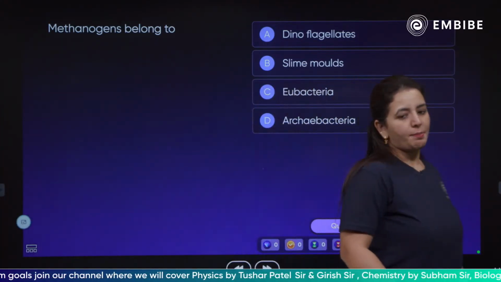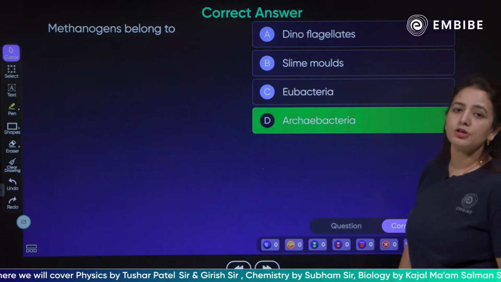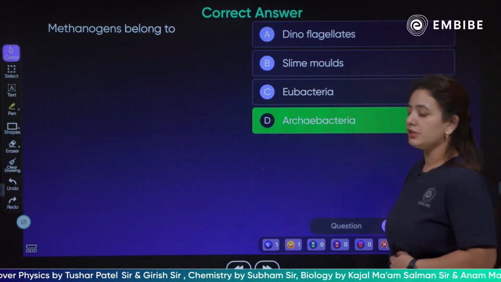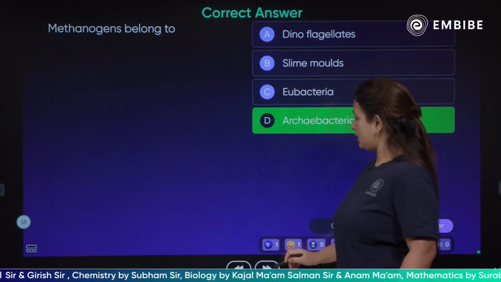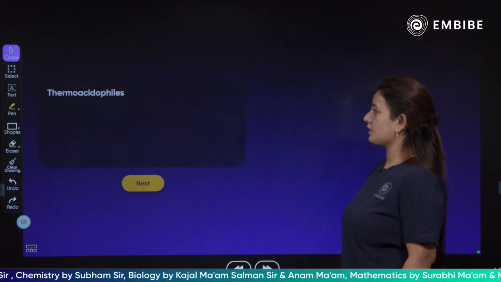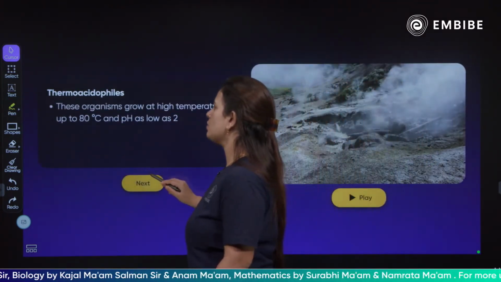Simple. Right now we have discussed only that Methanogens belong to Archaebacteria, because Methanogens are a part of the ancient bacteria. Okay. Moving forward without wasting any time, talking about the third type of Archaebacteria, which is the Thermoacidophiles.